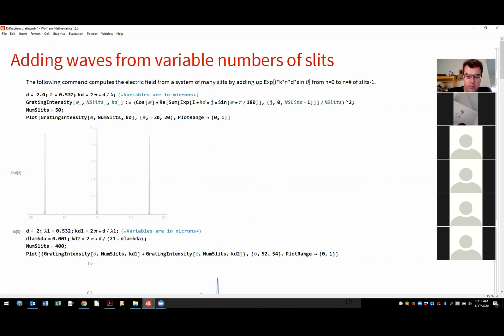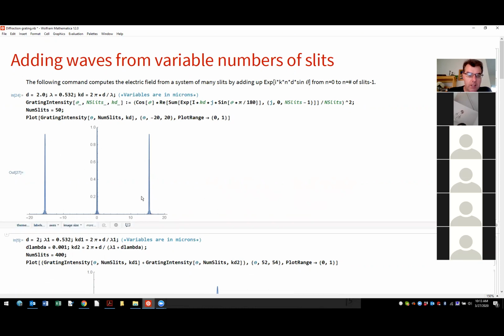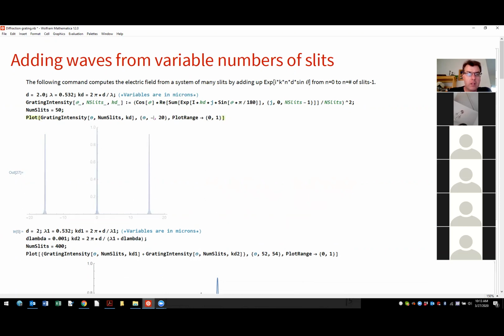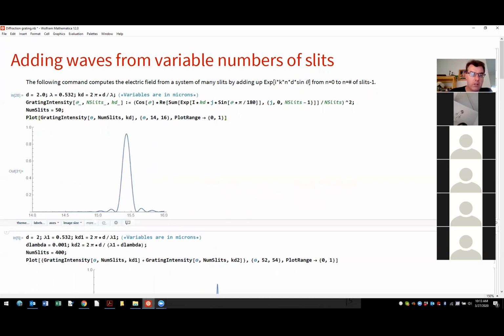Let's decrease the number of slits from 100 to 50. You see how these peaks get a little bit wider? Let's zoom in on one of those peaks. This looks like 14 to 16, so let's go between 14 degrees and 16 degrees.